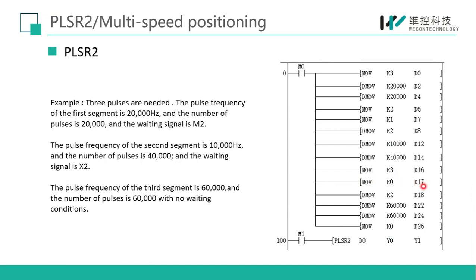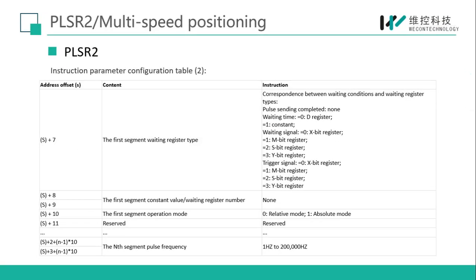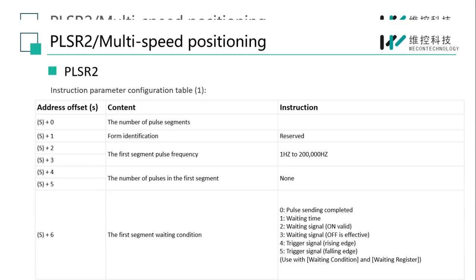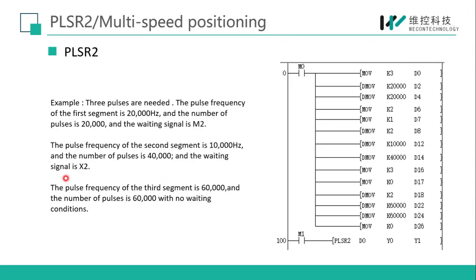And D17 is 0, D18 is 2, so it's an X register and the register number is 2, so it's X2 here. If we don't need waiting conditions like the third segment, we can just set D26 as 0.